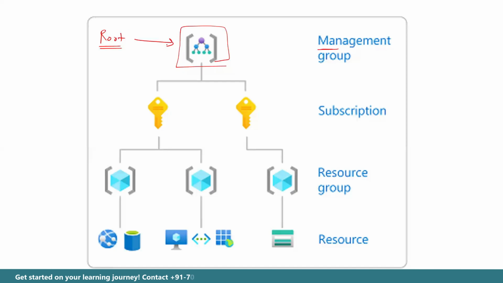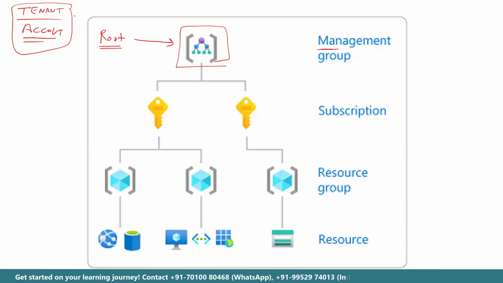This root management group lies under our tenant, or you can call it account as well. When we create an Azure account using our email address, that is called an Azure tenant or account. For that tenant, when we create this, it automatically creates a root management group for us.